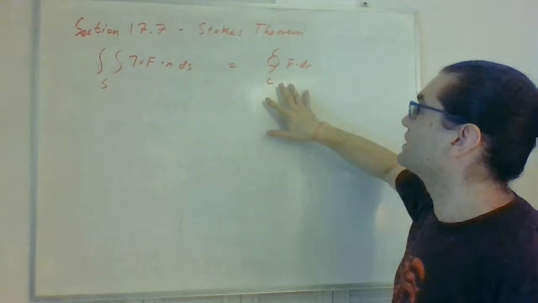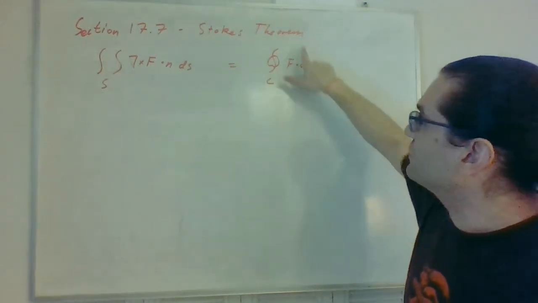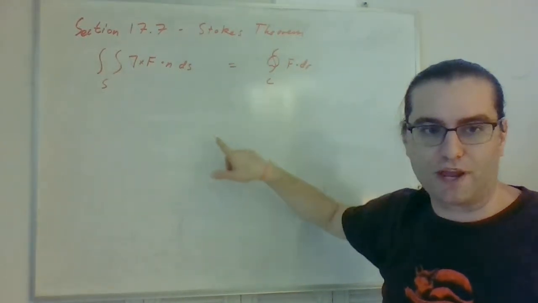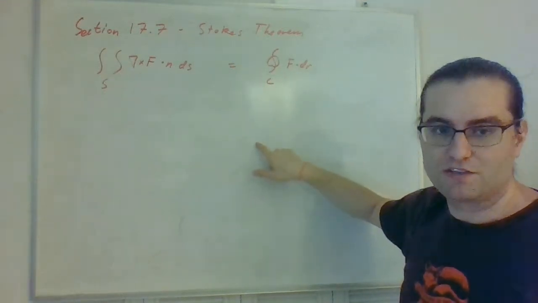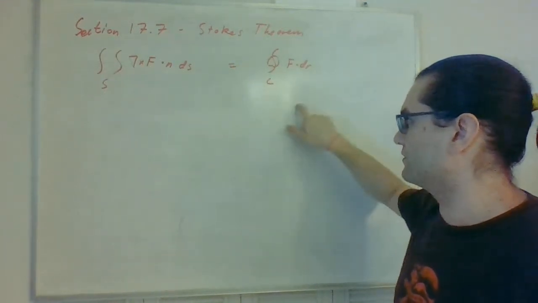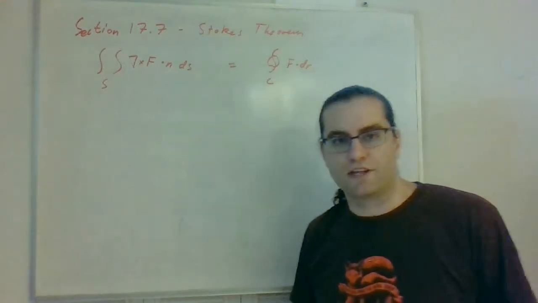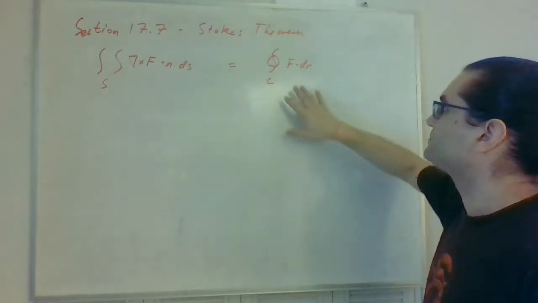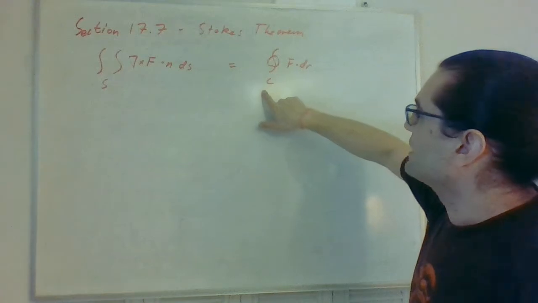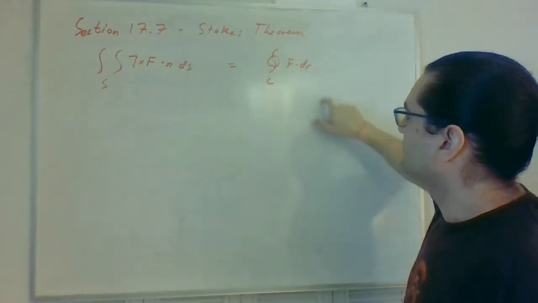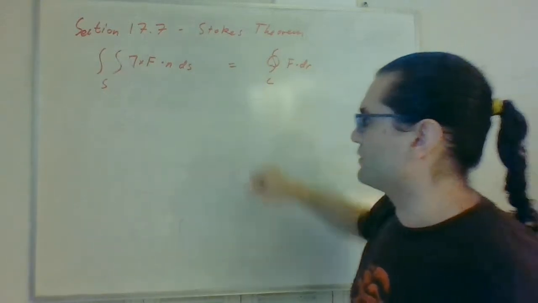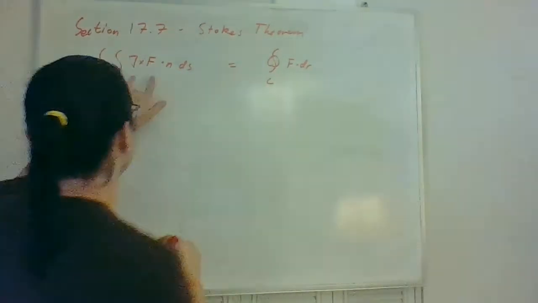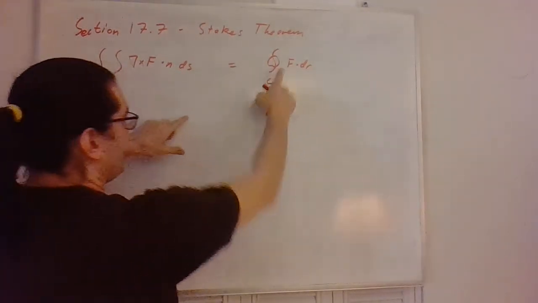So instead of doing the circulation, which is a fancy word for a line integral that starts and ends in the same place, so if you're going around in a circle or around a square, that's the circulation around those things, instead of doing the circulation through a vector field, you can create a surface out of that path.